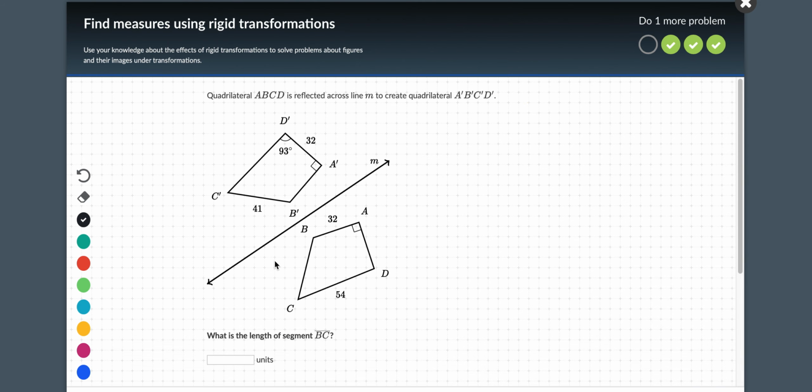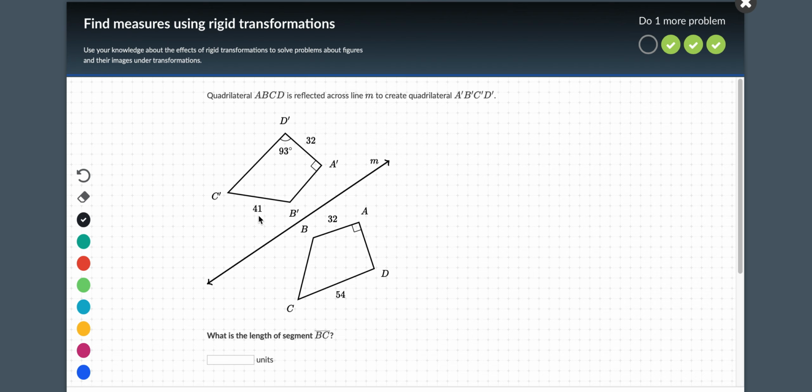Alright, last one. For this one, all it wants us to do is find the length of segment BC. So what information does it give us? We know right next to the right angle, this is a lot simpler than I thought.